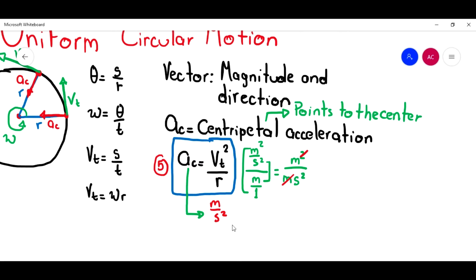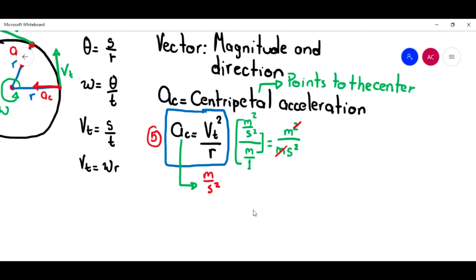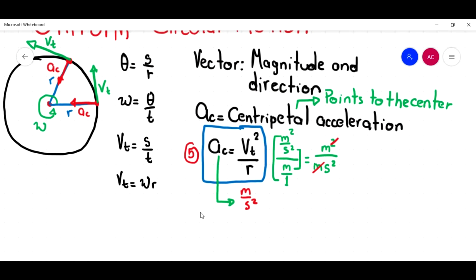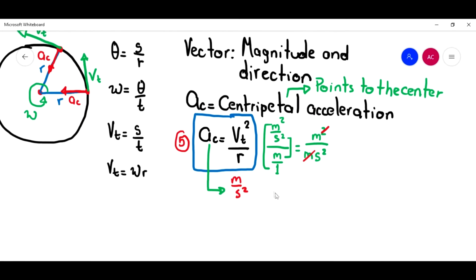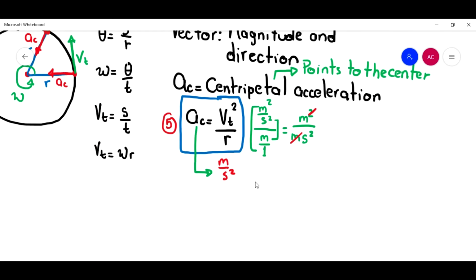Remember that the units for circular motion are going to be degrees or radians per second. But if we got meters per second or meters per second square, that measure is going to be for linear motion.